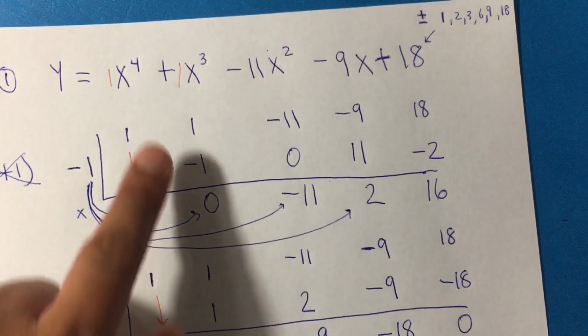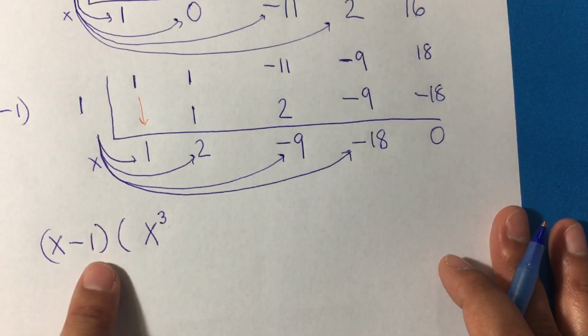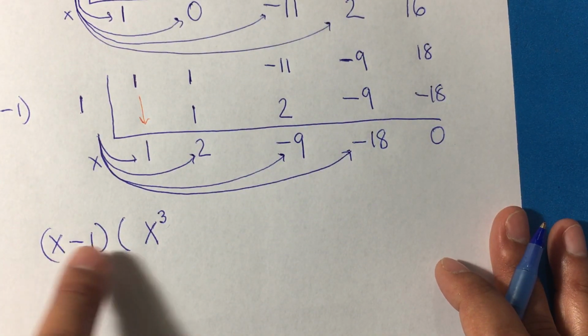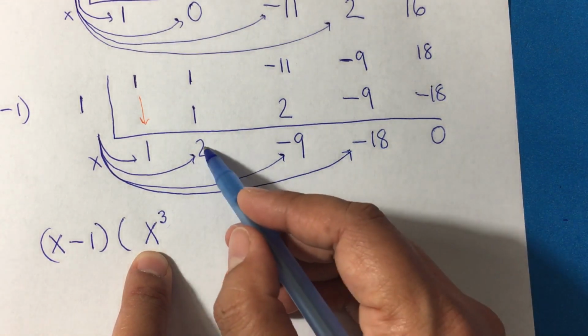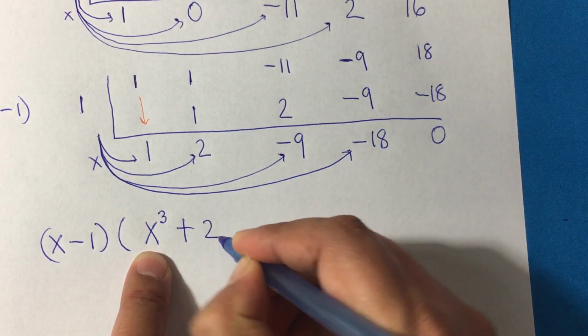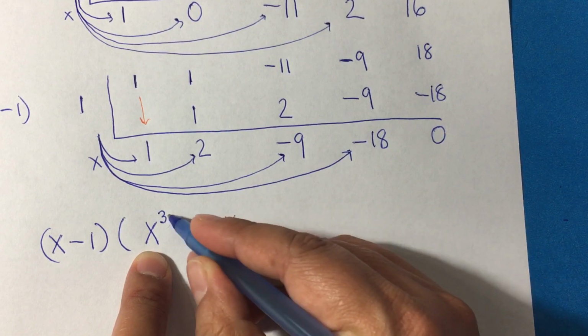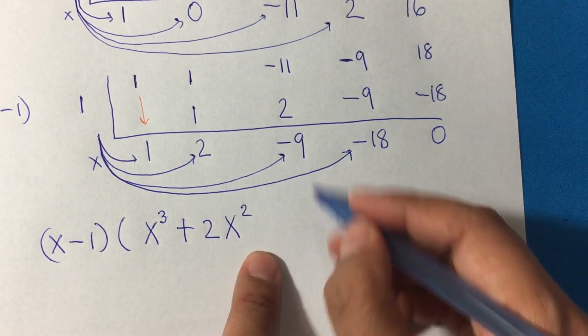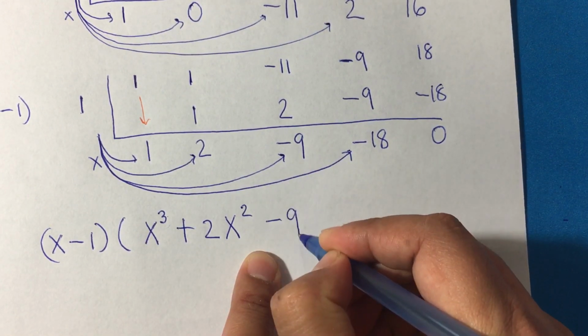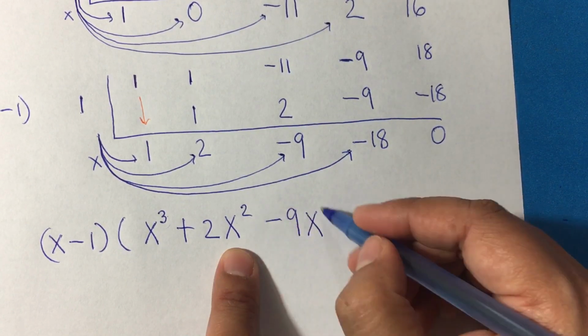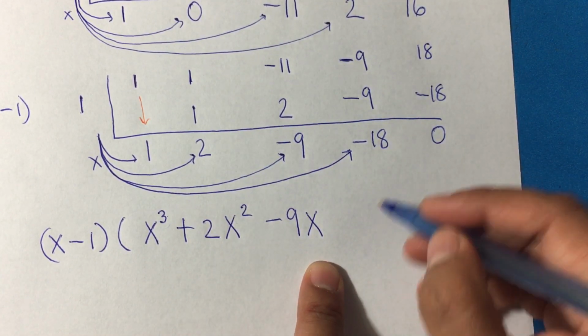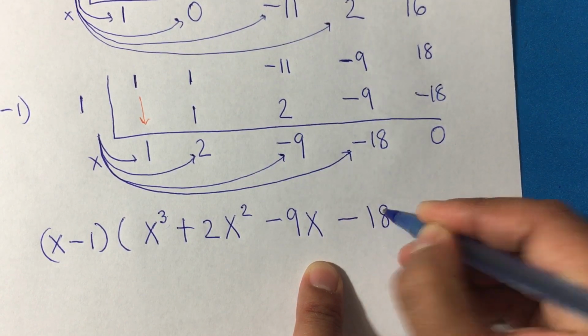When we started with x to the fourth, because we took one x out, now it's x to the third. The second one is positive 2, and it's going to be x to the second power. The next one is negative 9, and it's going to be x to the first power. And finally, this is going to be negative 18.